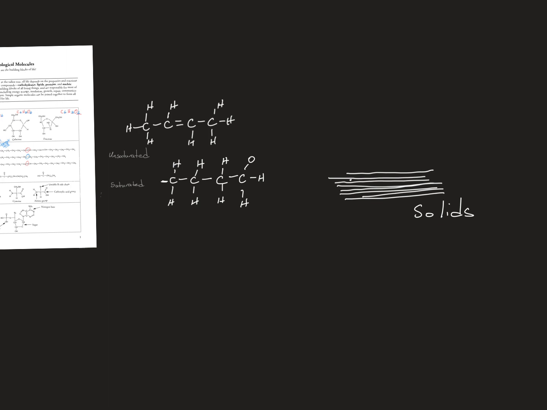Where the other ones, the unsaturated fatty acids, can start to go long, but then this makes them kink, makes them bend. And because of that, they find it harder to lay flat on each other. They'll lay down, but they won't lay flat.